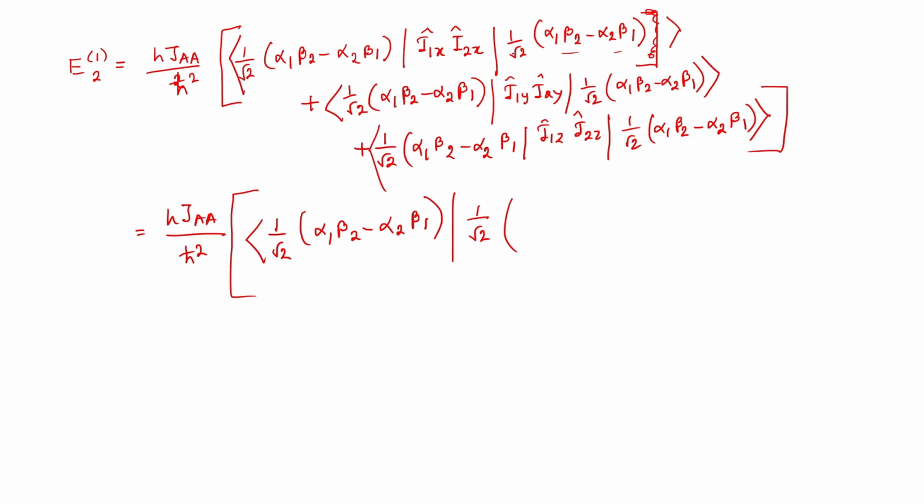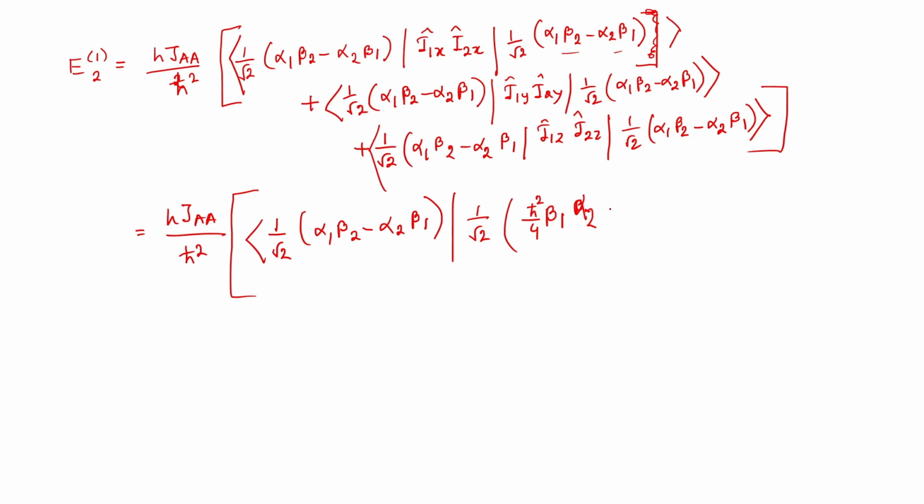We have to do this together, right? I1x will work on this, I2x will work on this. So I1x will work on, so we are going to get beta 1, right? With the value of h cross by 4, because I2x is also there, which will work on this beta, and this is going to give us alpha 2.